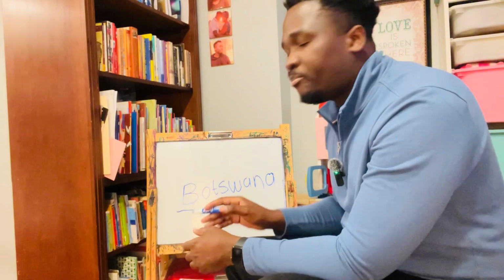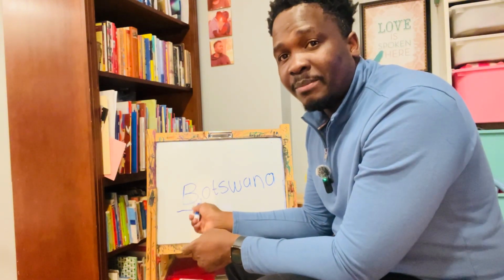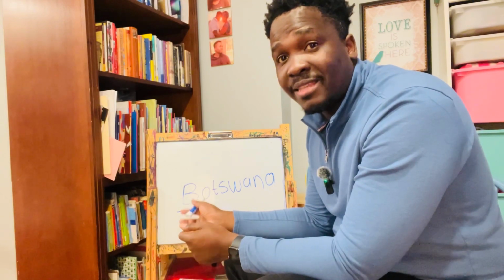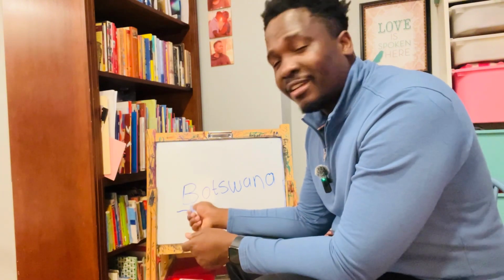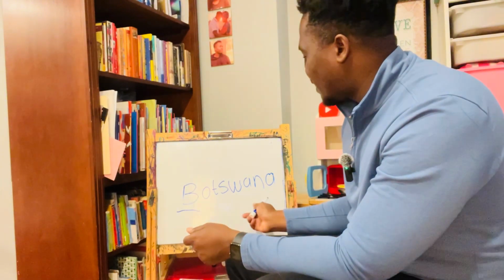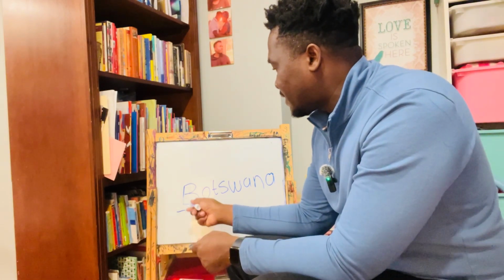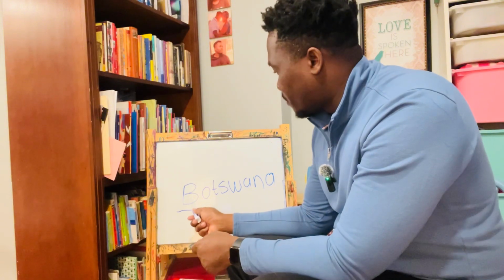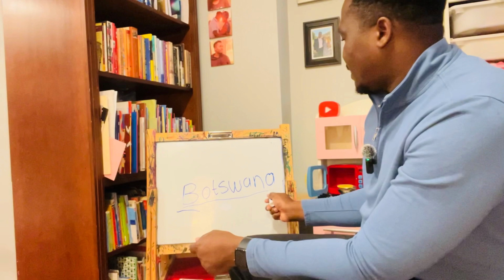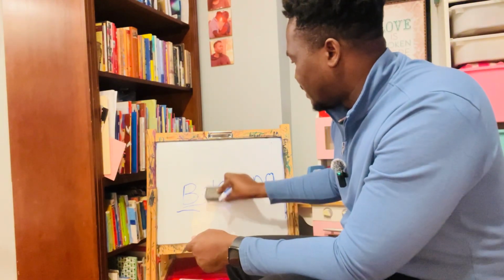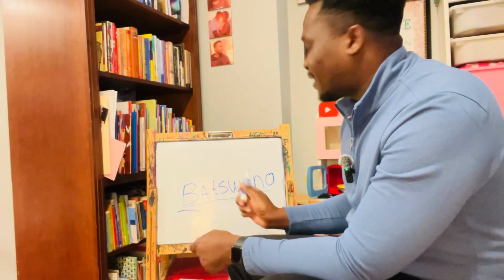So the alphabet B. Often when you're watching a lot of Americans, and I say that because I stay in America and my wife is American, it is really hard for her to say Botswana, because in English this letter goes like B. So often when Americans say Botswana, they sound like they are replacing this letter with an A. Sounds like they're saying Batswana.